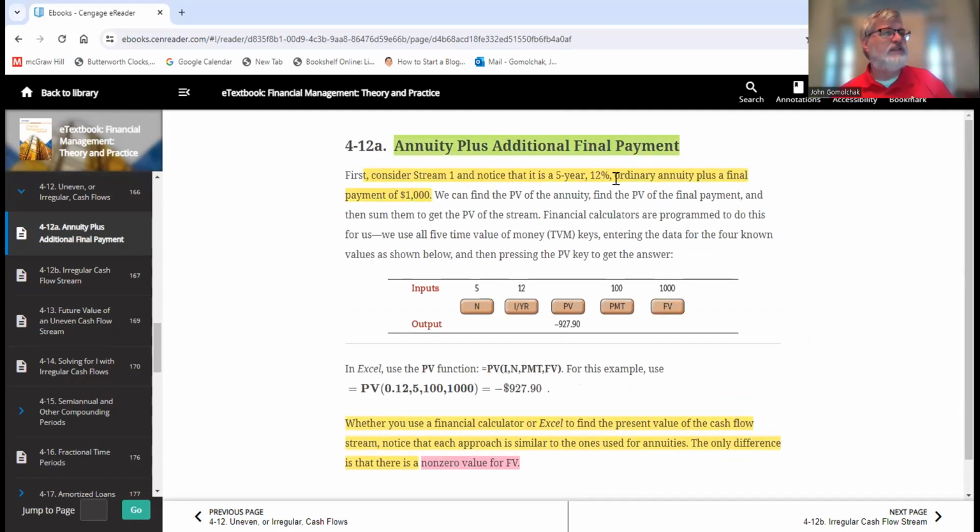Okay, so annuity plus additional final payment. The problem they're going to give us is a 5-year 12% ordinary annuity plus a final payment of $1,000. I did that differently. What am I doing here? I think I just changed the numbers because I was using it for some other purpose.